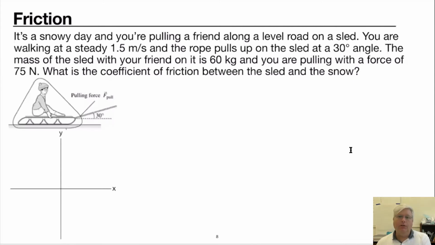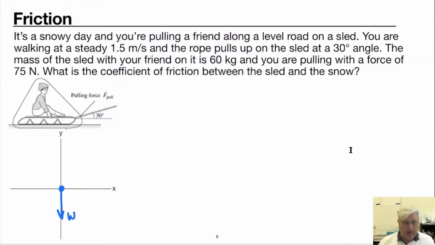And then we want to turn that into a free body diagram. So we have here some information given to us that you're pulling the friend along a level road. So that means we're along a horizontal, the x-axis there. And that also means that our weight, let's represent the sled with just a dot, a particle.